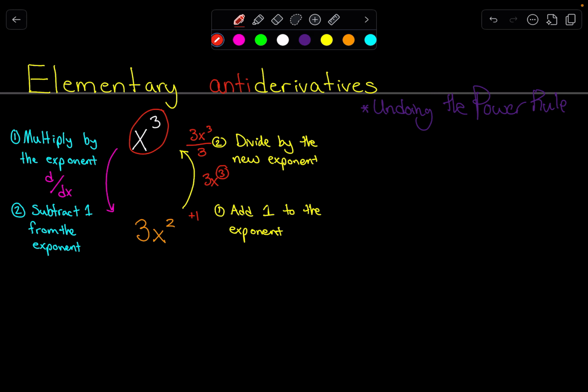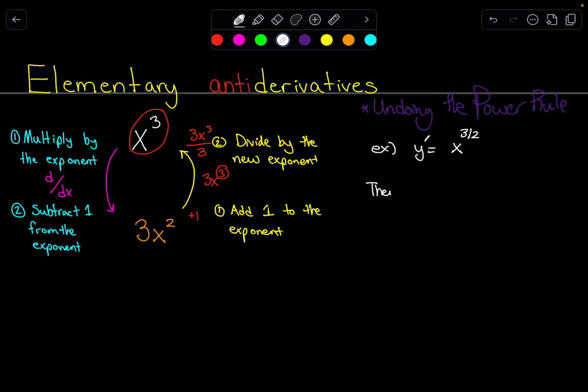So very useful for polynomial functions. And just to drive home the point, if I have y equal to, let's say, x raised to the 3/2 power, and let's say that this is a derivative, maybe I'll use that notation, that y prime is equal to x to the 3/2.